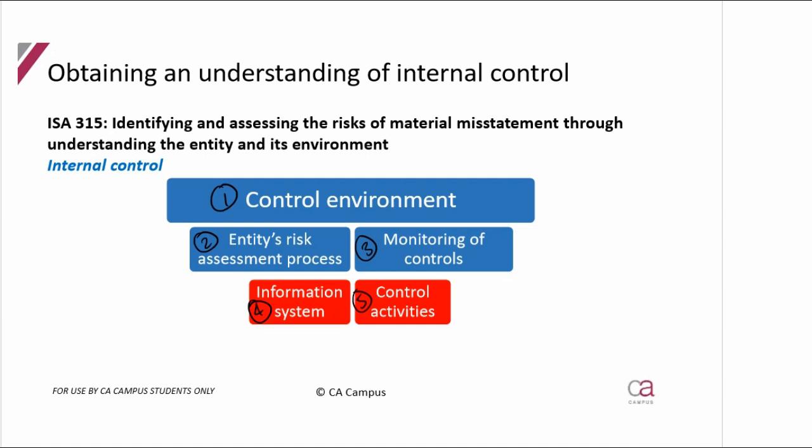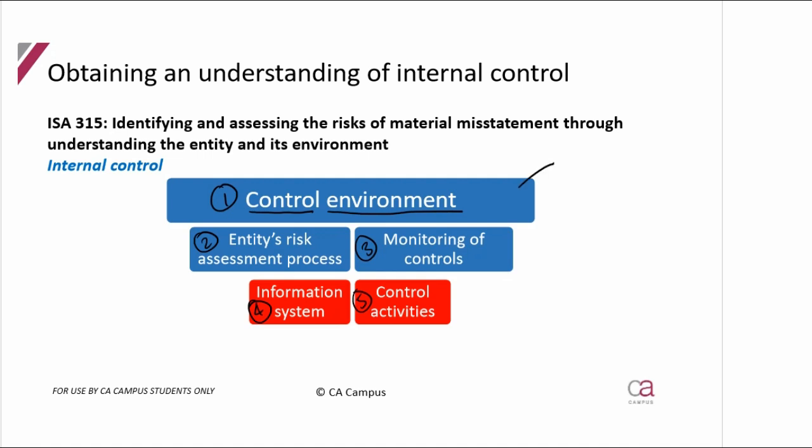So first of all, the control environment. Take the 2 words on their own again. We're looking at the environment within the business, but now specifically with regards to controls. So how would you understand the environment of the business?